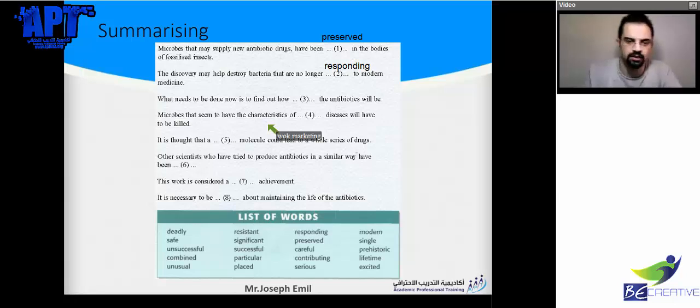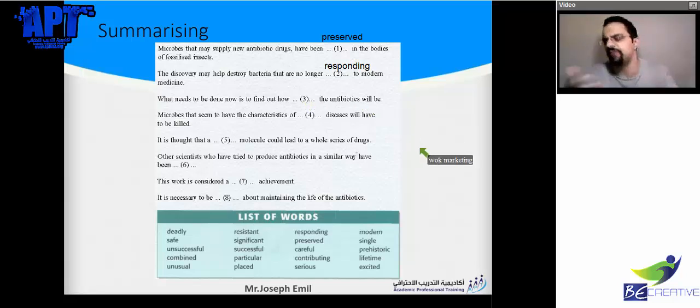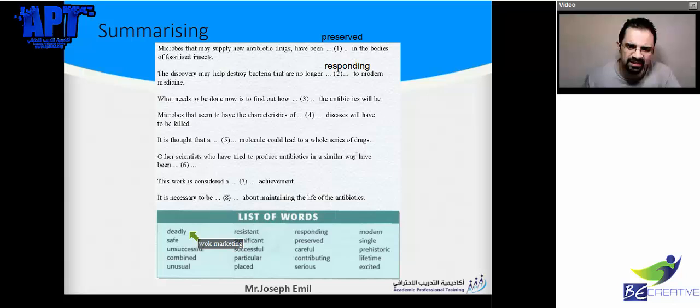Responding. Next, what needs to be done now is to find out how something the antibiotics will be. How effective, how powerful, something like that. Deadly? Maybe, but when we say deadly, we are referring to the virus. So we will keep this in mind, but let's carry on. Safe, maybe.